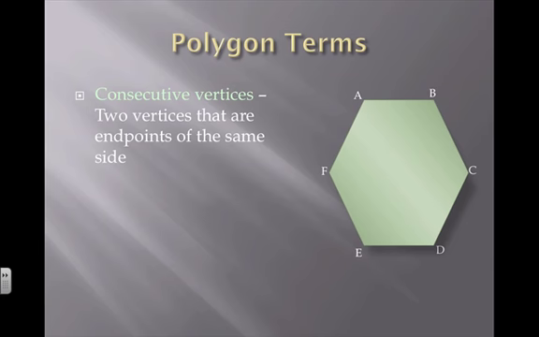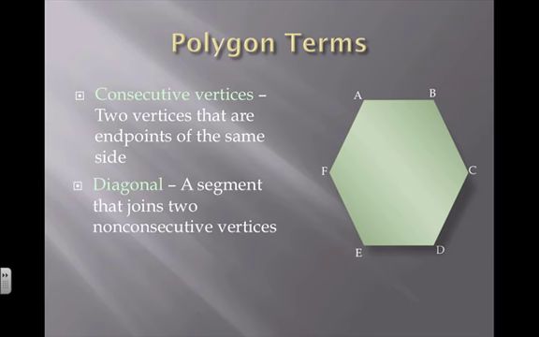Another term that we're going to learn today is the diagonal. The diagonal of a polygon is a segment that joins 2 non-consecutive vertices. So a polygon can have many different diagonals. For example, if we take a look at segment AD, that is connecting 2 non-consecutive vertices. It is connecting vertex A with vertex D and is inside the polygon, so therefore it is considered to be a diagonal.